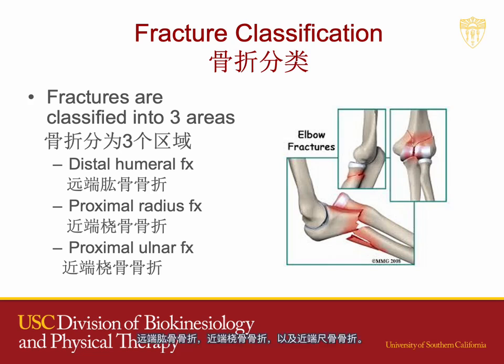You can have a fracture of the distal humerus, a fracture of the proximal ulna, and a fracture of the proximal radius. So you'll see that distal humerus is the fracture on the top right. The proximal radial fracture is that middle top one, and then the bottom one is the proximal ulna fracture.